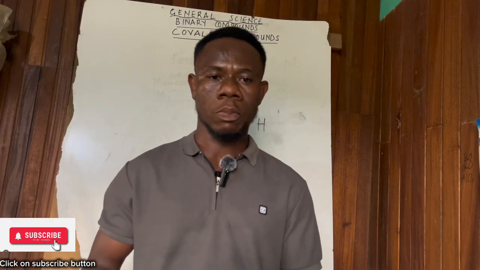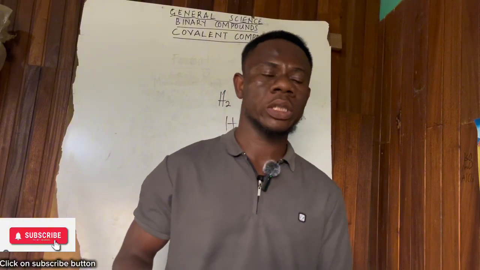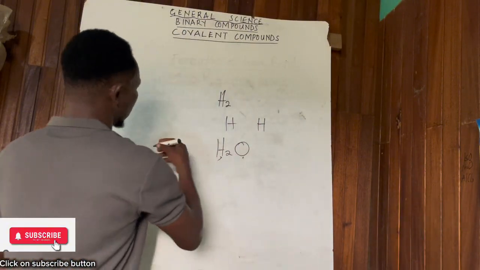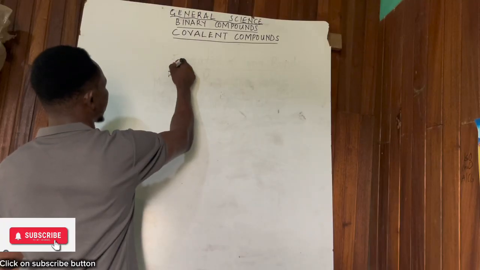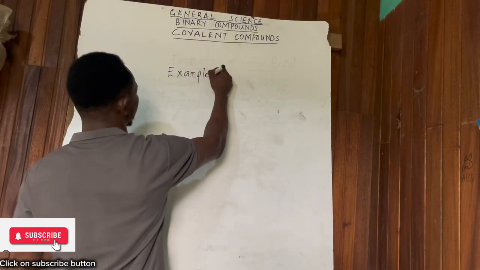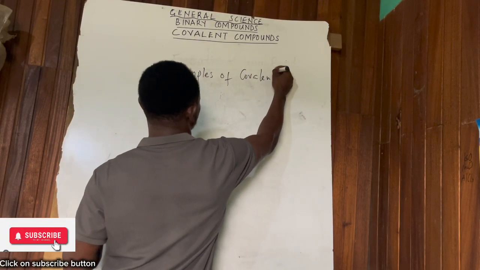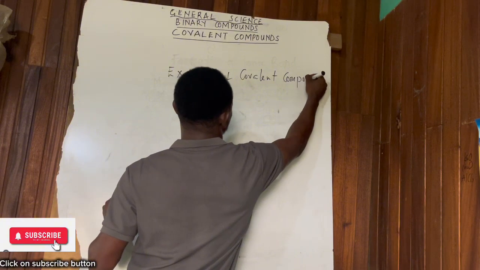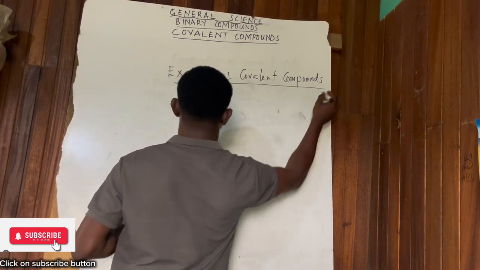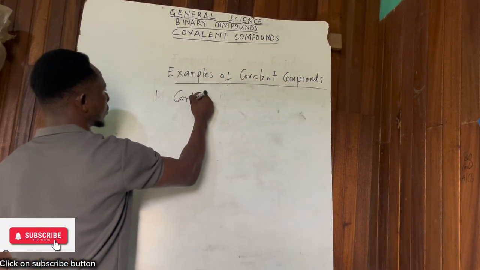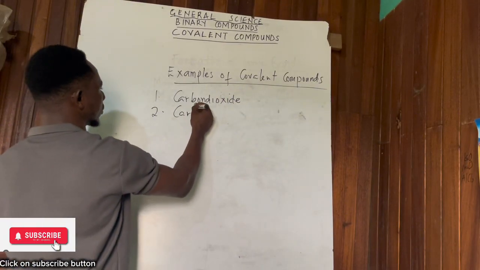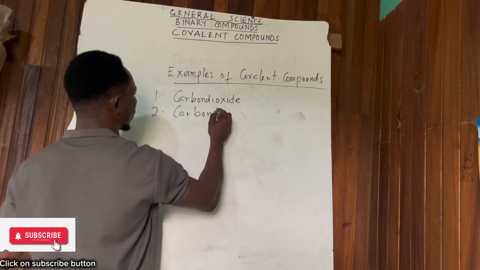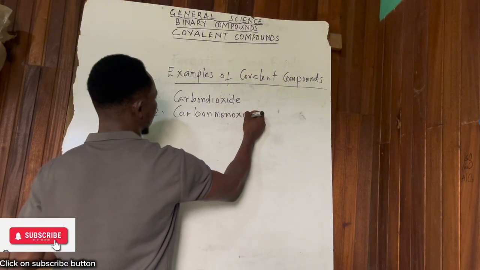Examples of covalent compounds: we can talk of carbon dioxide. We have one, carbon dioxide. We have two, carbon monoxide.